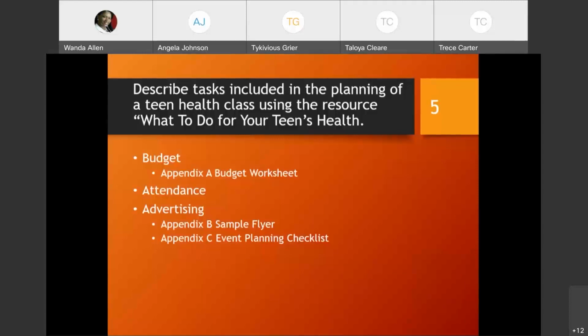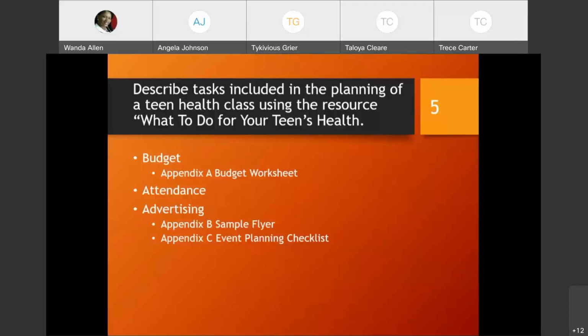For example, what is your budget for the class? How many people do you want to train? And with how many people you want to train, you need to be mindful of the location, the space, the room setup, those types of things, which we'll talk about a little more as we go on.